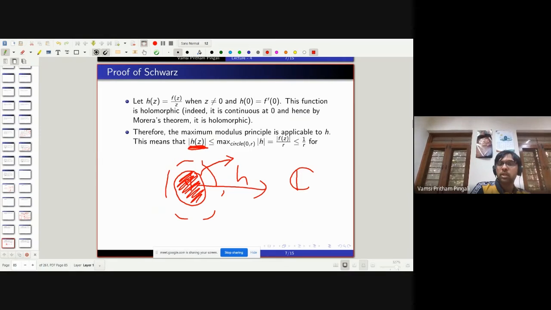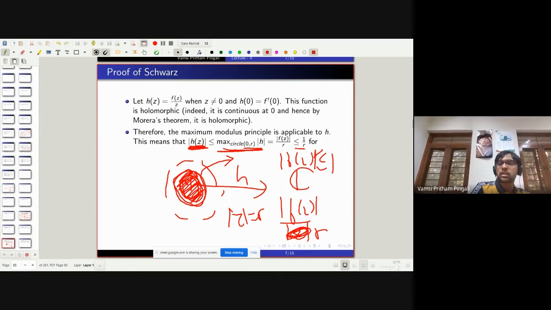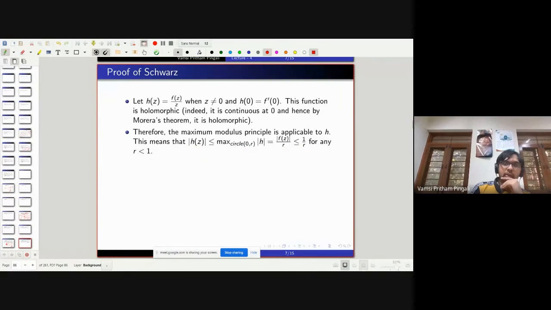So the value of h of z anywhere in this region is less than the maximum over this circle. And what is the maximum over this circle? It is simply the maximum of mod f of z by mod z over a circle of radius r. And so mod z is equal to r. And mod f of z is less than or equal to 1. So in other words, this is less than or equal to 1 by r for any r less than 1.